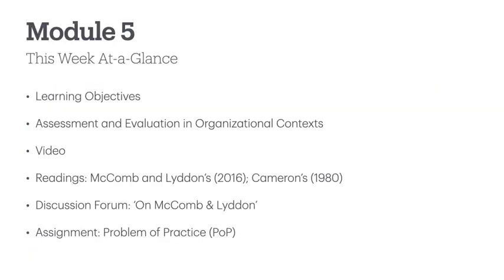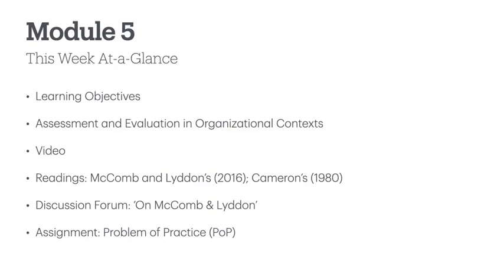The module at a glance calls attention to our learning objectives for this week. By the end of this week, you should be able to explain the processes and methodologies of assessment and evaluation within organizational contexts. You should be able to illustrate how these processes are implemented in various educational and organizational settings, especially for intervention testing and organizational change and effectiveness.